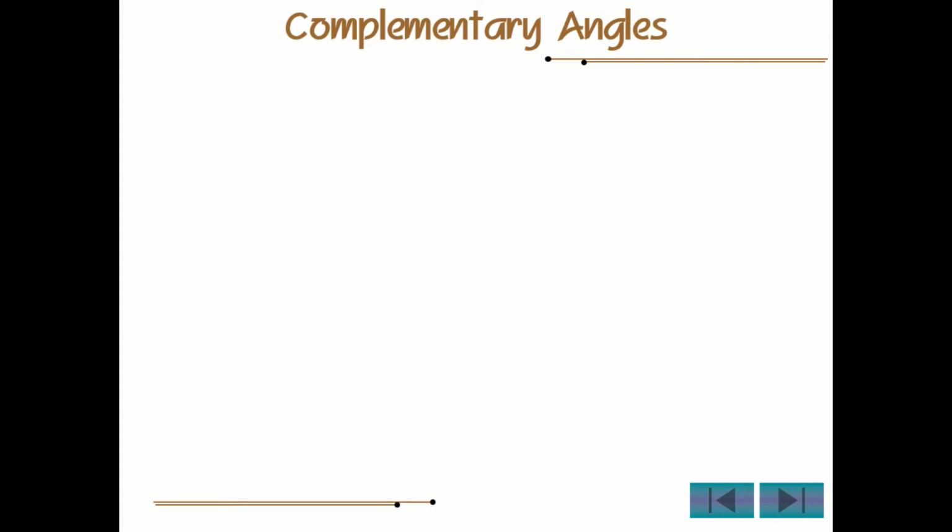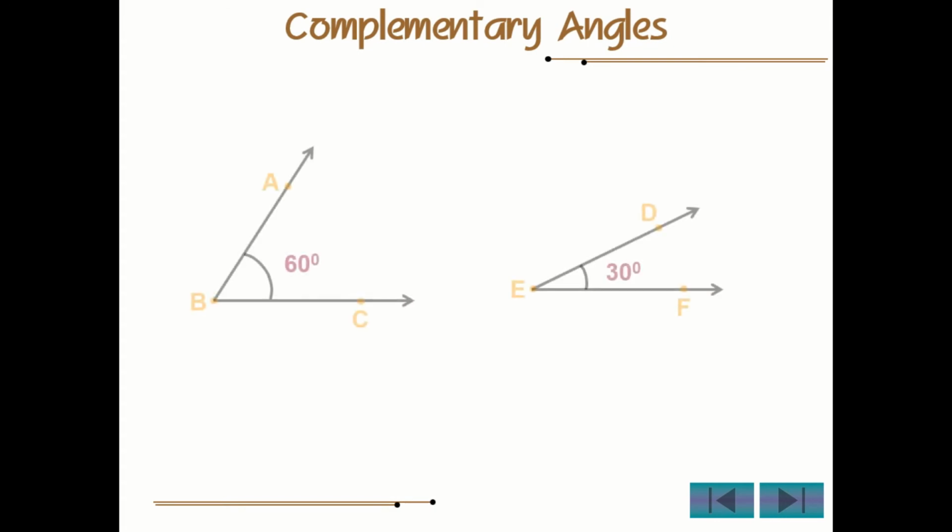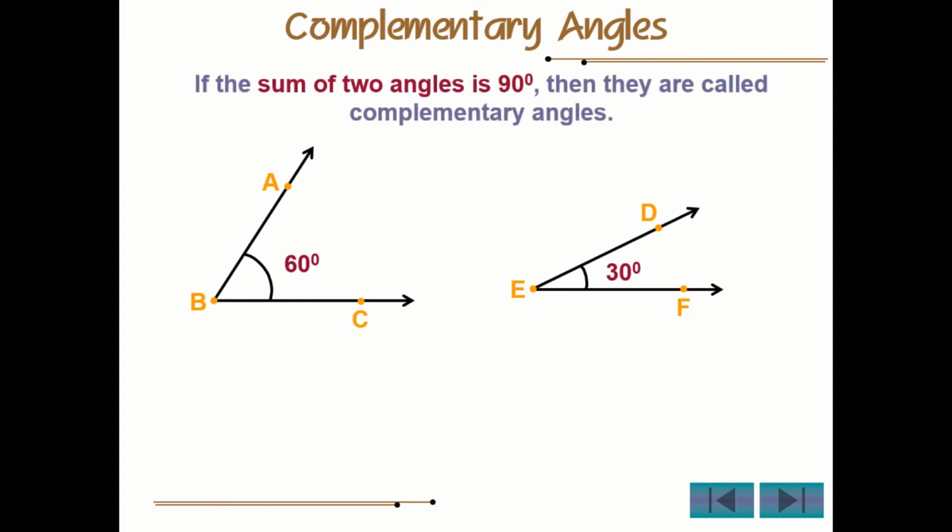Next, complementary angles. Based on the figure, the angle ABC has a measure of 60 degrees and angle DEF has a measure of 30 degrees. Why are they complementary?